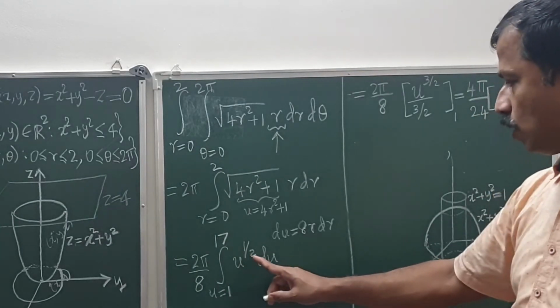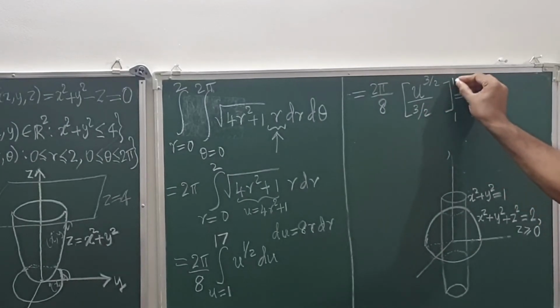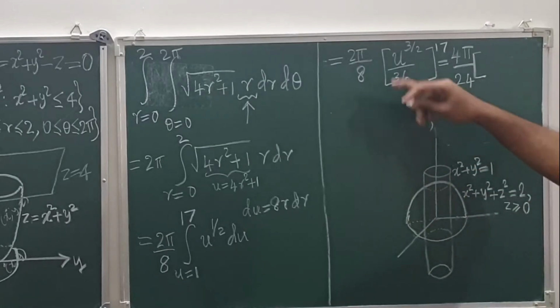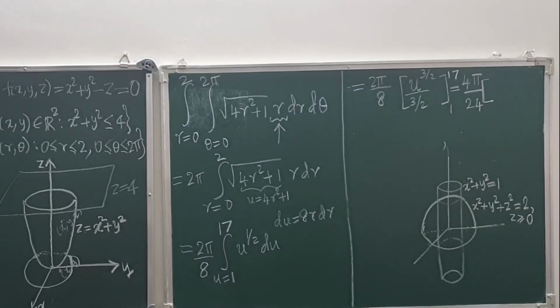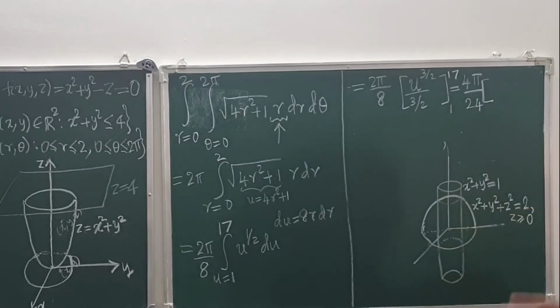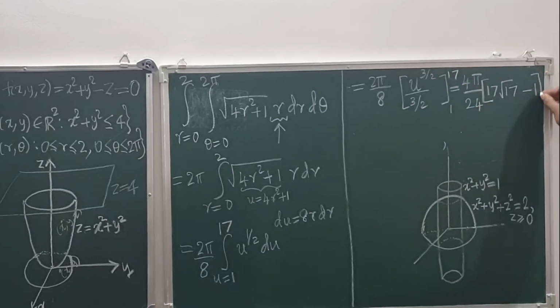Now the integral of u raised to half is u raised to 3 by 2 by 3 by 2 within the limit 1 to 17. Now the reciprocal of 3 by 2 is 2 by 3. 2 by 3 is multiplied with 2 pi by 8, which gives 4 pi by 24 times 17 to the power 3 by 2 minus 1 to the power 3 by 2. 17 to the power 3 by 2 is 17 into 17 raised to half, that is 17 root 17. 1 to the power 3 by 2 is 1.